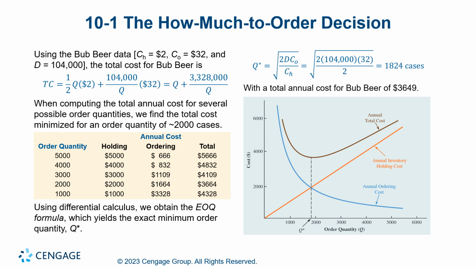What we want is somewhere around here, which minimizes both costs. The minimizing number is 1824, and if you put it into the equations, you get the total annual cost for the bulk beer, which is 3649, the minimized total cost.